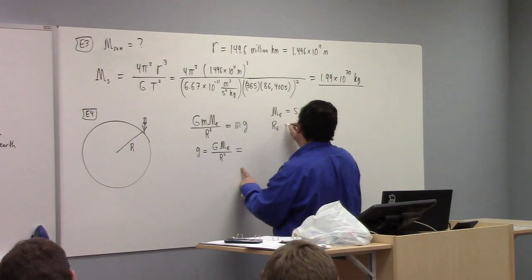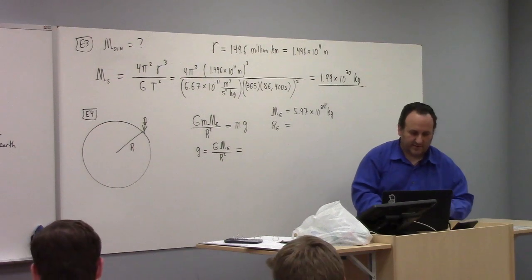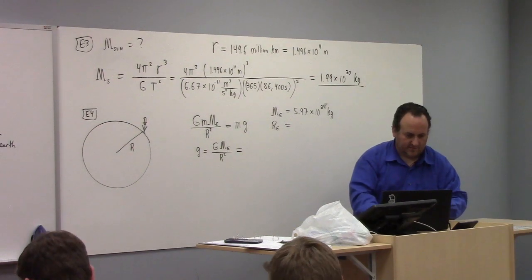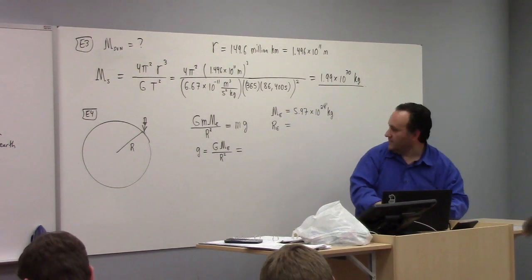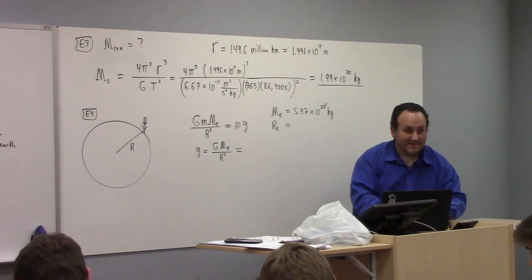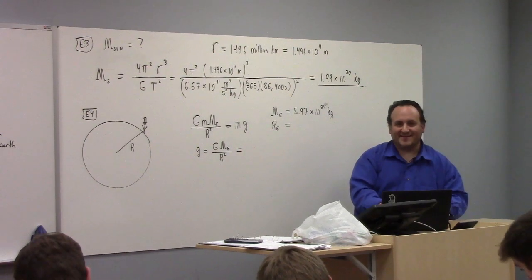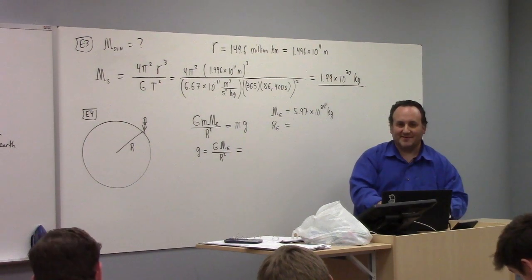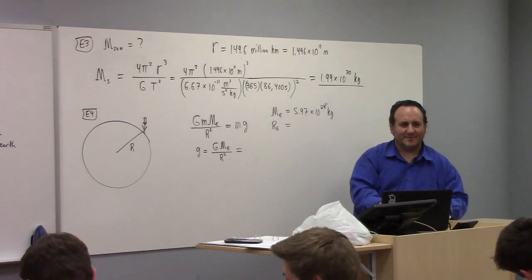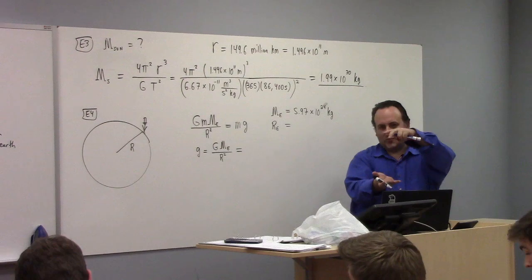for the Earth. I mean, the Earth is technically not a sphere. The Earth is actually an oblate spheroid, that's right. It's a squished sphere.